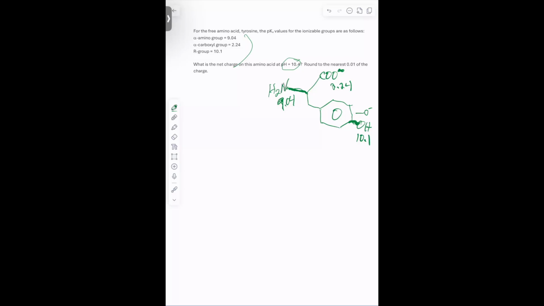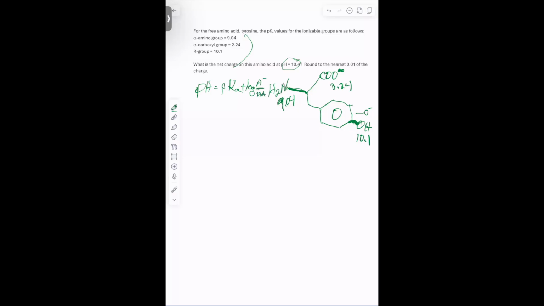Whenever you're 3 pH units or so away, let's just play the game. What I mean is let's do a little thought experiment. So we have pH equals pKa plus the log of A minus over HA.